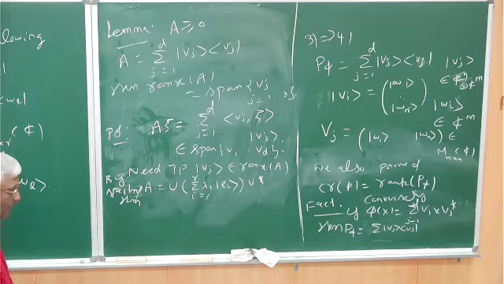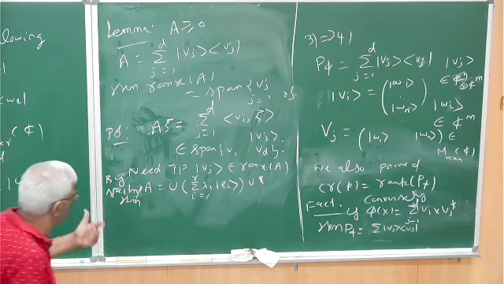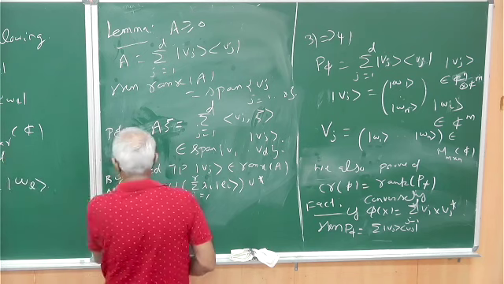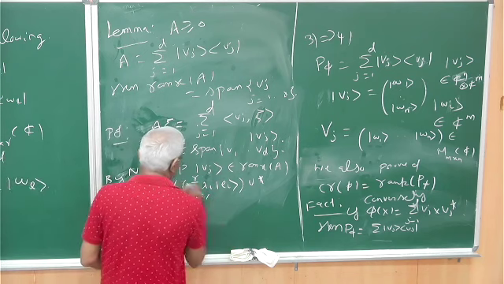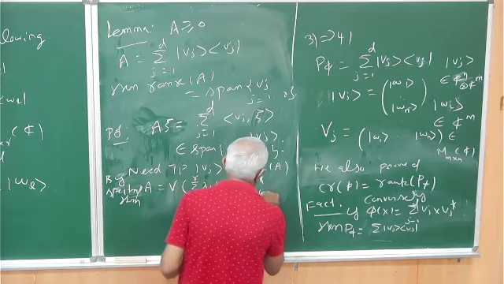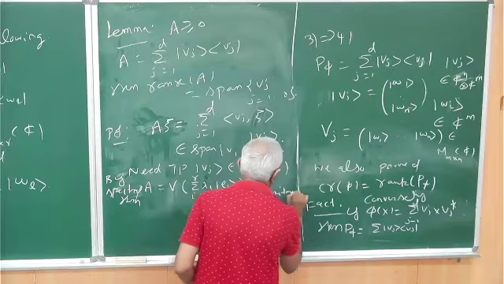That is how it will look like, A looks like this, where V is unitary. V is a unitary by the spectral theorem.